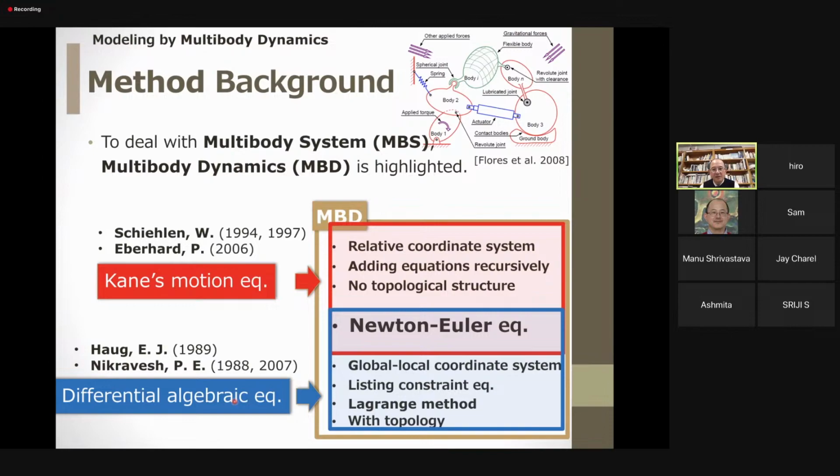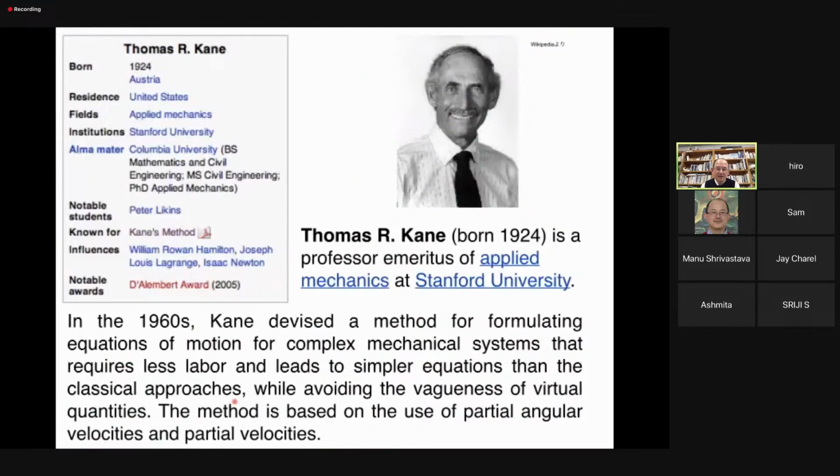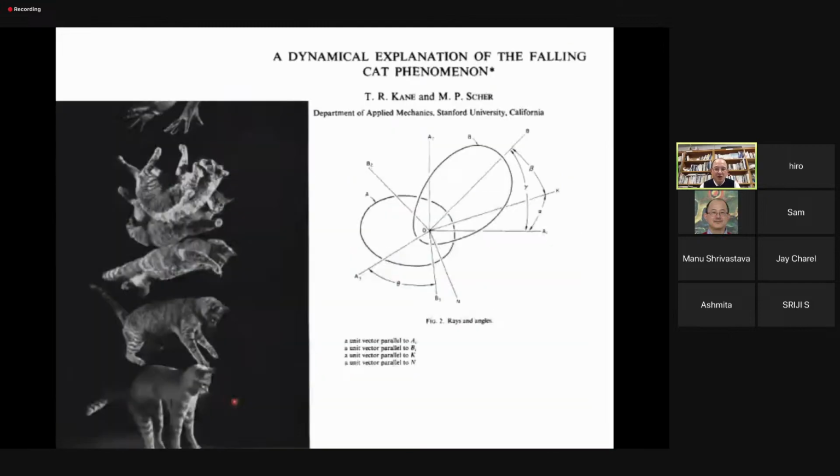Then linear algebra comes back again, connecting differential equations. I really love the work of Kane, a respected and representative person at Stanford University, who contributed to so many NASA space mission projects.